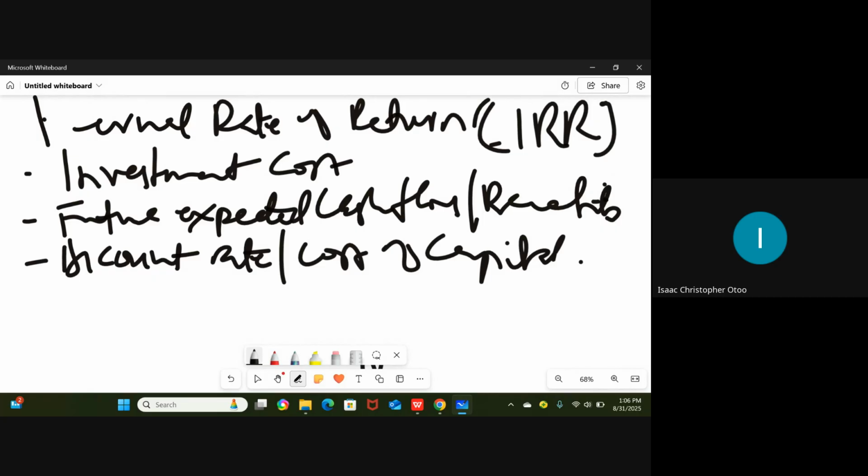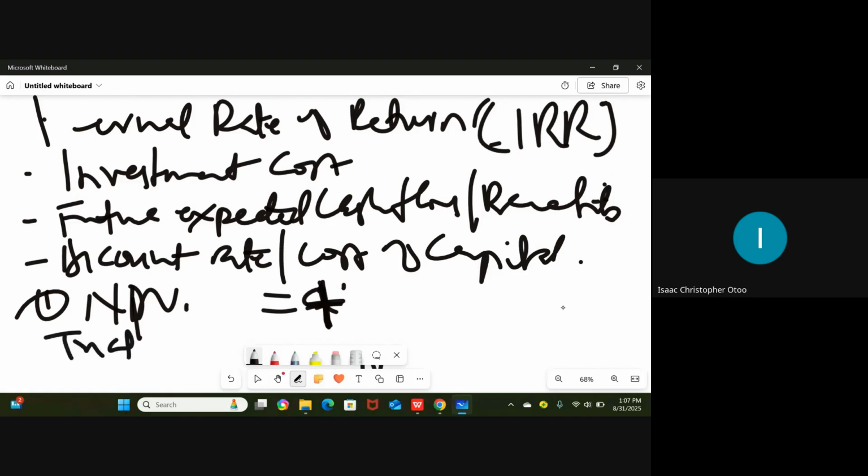When they give it to you, let's see what you do. First, you find the NPV. When you get the answer, please listen. When you get a positive answer, then you must also do what is called trial and error by finding your own cost of capital.